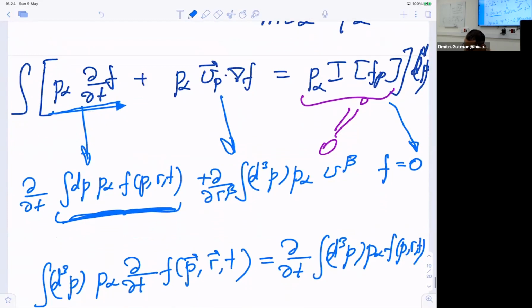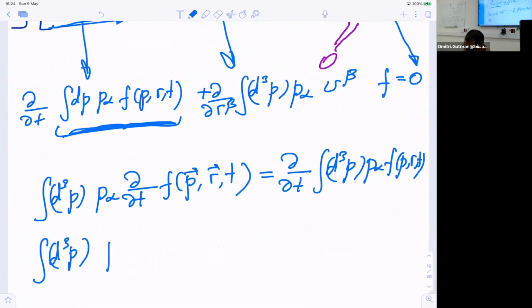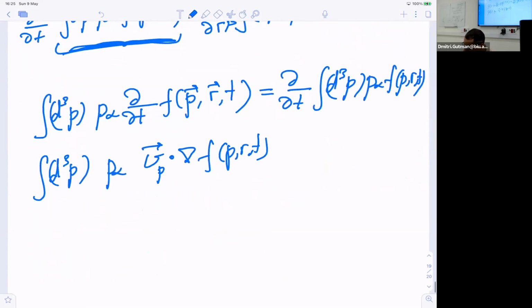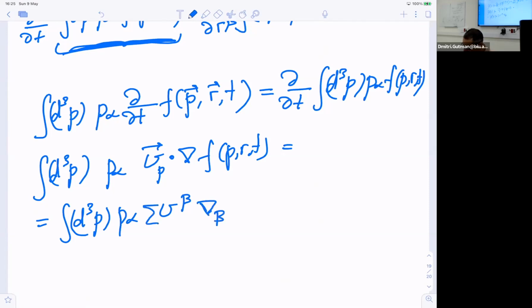It was p alpha, and the dot product of p dot gradient of F of p, R and T. So now let me write this dot product: d3p, p alpha, V beta, gradient beta, sum with respect to beta. F of p, R, and T.